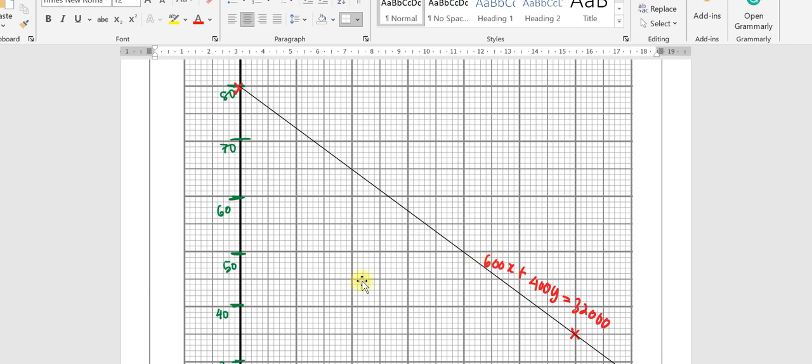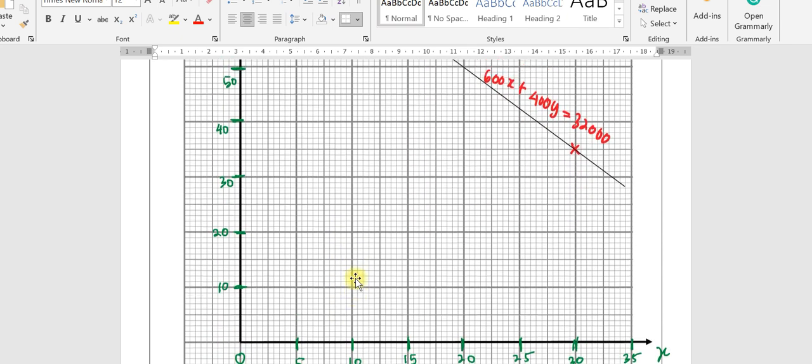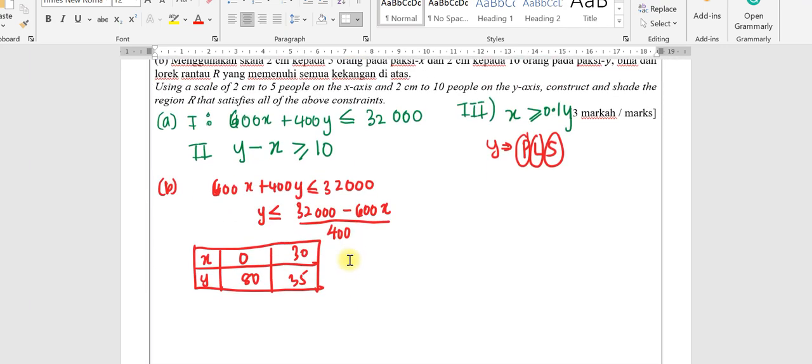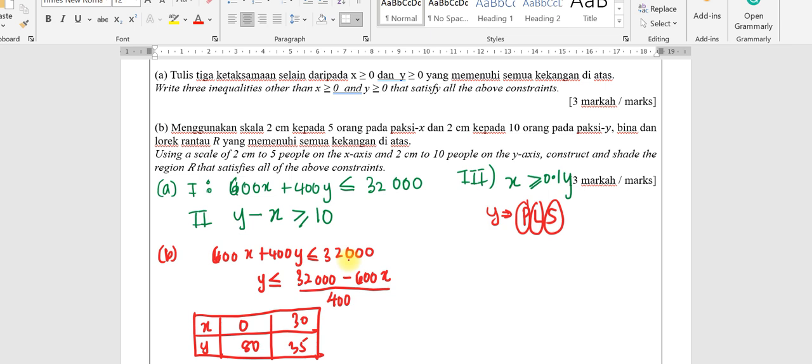Put the equals sign for naming the line. Okay, the first line is settled. The second line is y minus x greater than or equal to 10, so y is greater than or equal to 10 plus x.